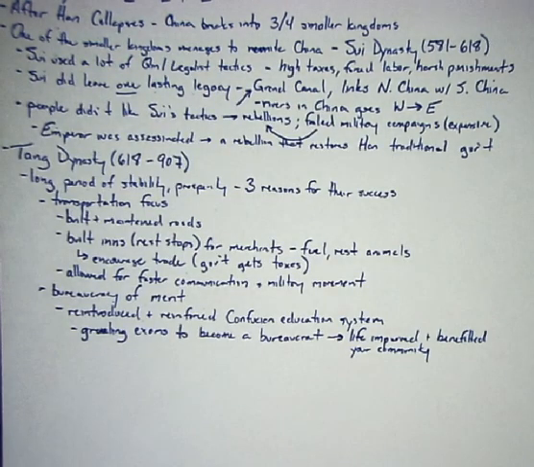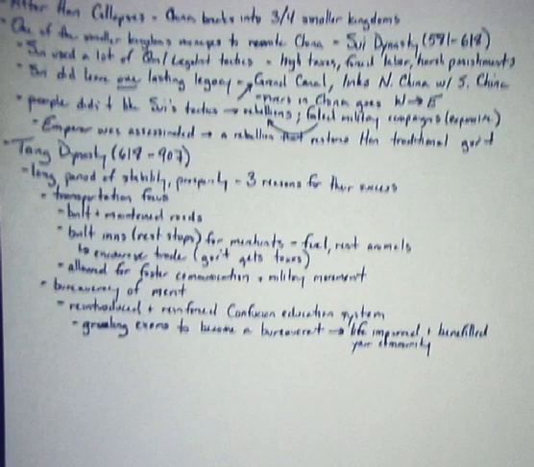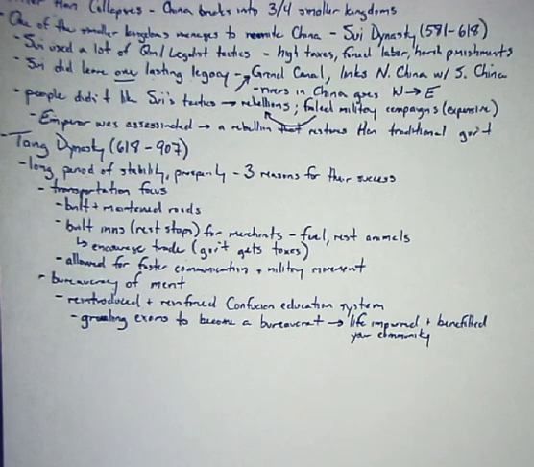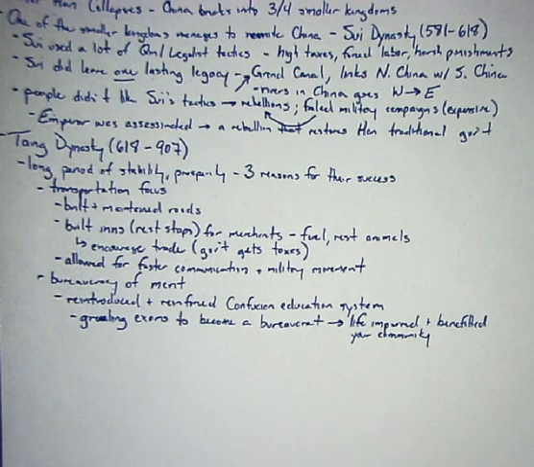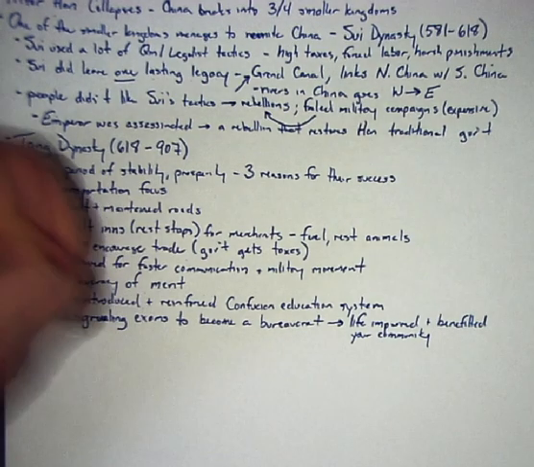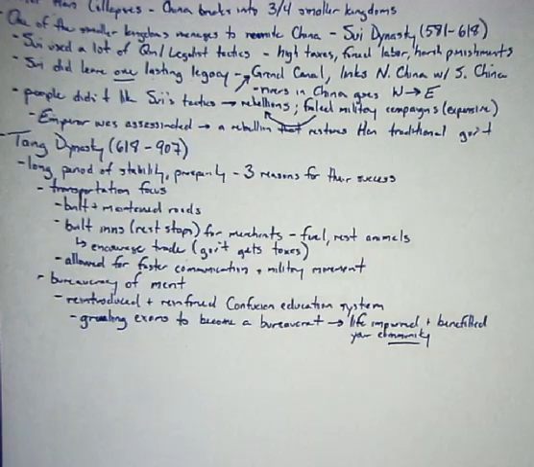Because you're getting a good amount of money by being a bureaucrat, and your social standing goes up. And remember that for East Asian societies, the community matters a lot. And so your community benefits by you becoming a bureaucrat.